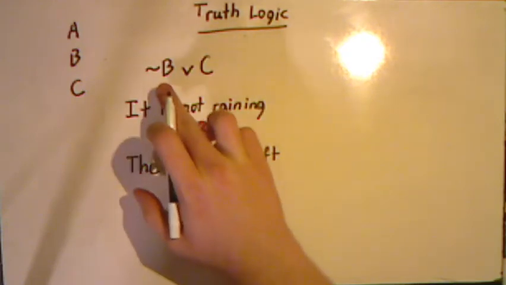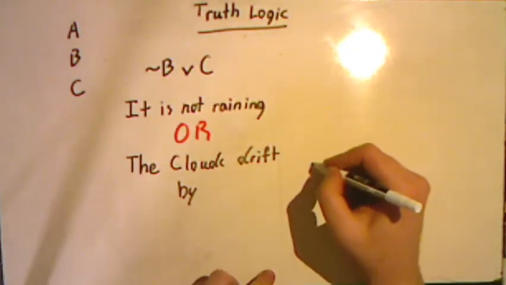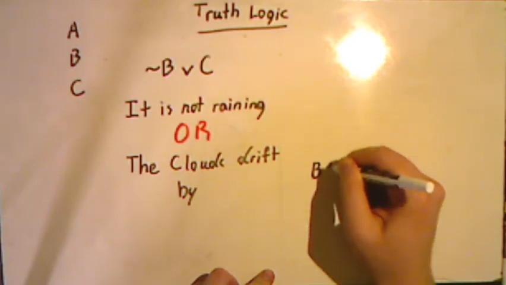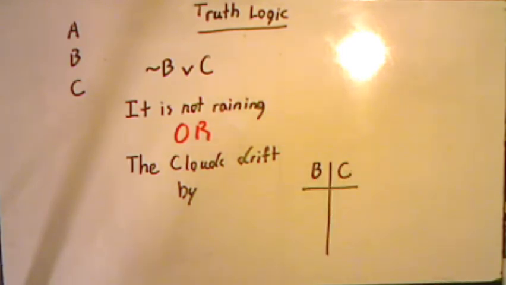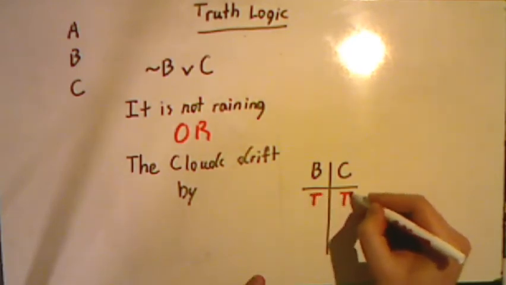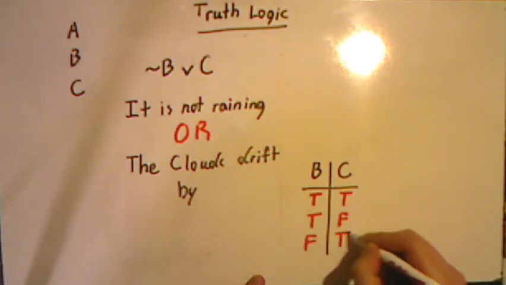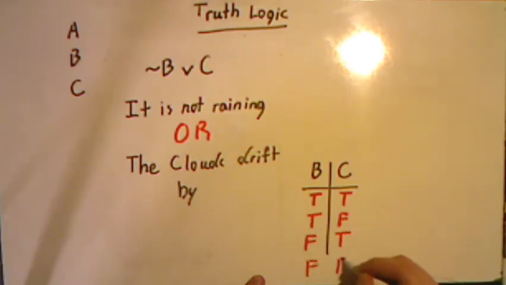Now again, since we are using two variables, we set down those two variables, B and C, within our graph, and we make sure to have every combination. True, true, true, false, false, true, and false, false.